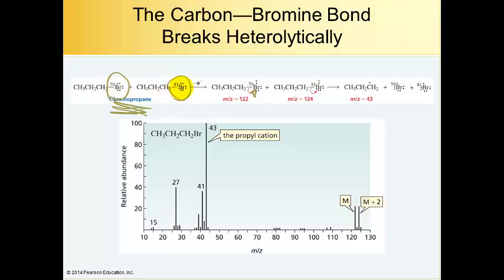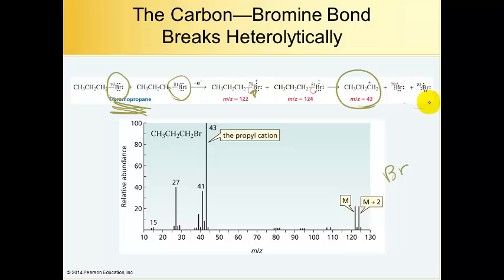Because of the M+2, we end up seeing equal abundance of both the M and the M+2 because of the natural abundance. This is for bromine only. Chlorine is different. And then we break that bond to bromine. So we end up with 43, and that's going to be our base peak. And then we have 79 and 81.